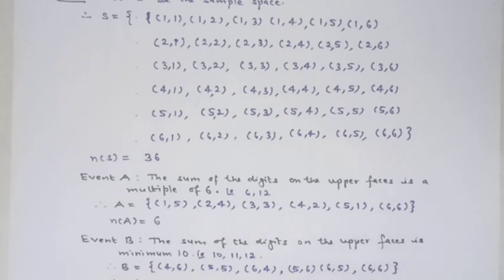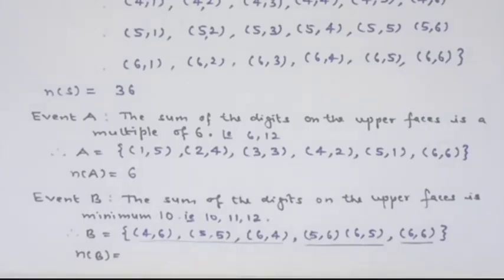That completes it. Let's again check it. These are all 10, 11 and 12. Now you count the sample space, the number of sample points. You will be having 1, 2, 3, 4, 5 and 6. Total 6.